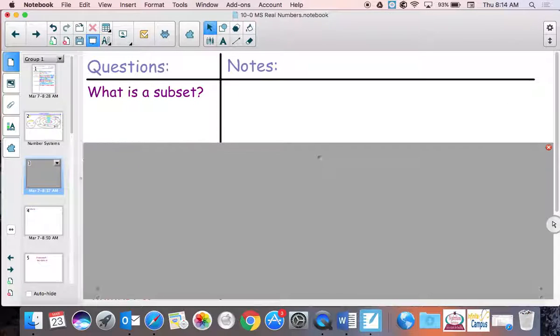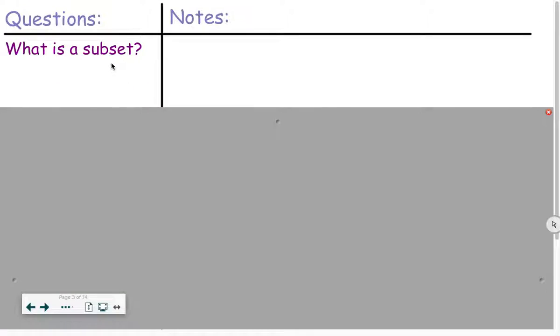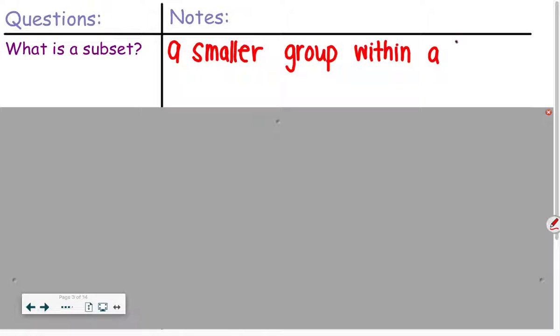All right, last slide. Okay, so first of all, we need to talk about what a subset is. So write down, what is a subset? So a subset is a smaller group within a larger group. So while you're writing that down, I'll give you some examples.